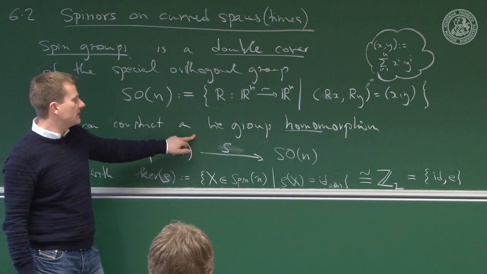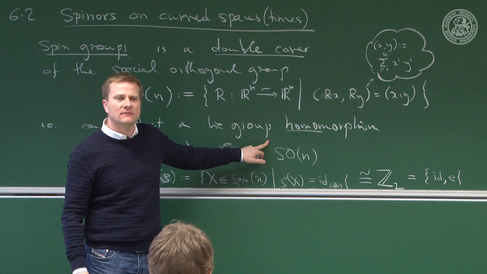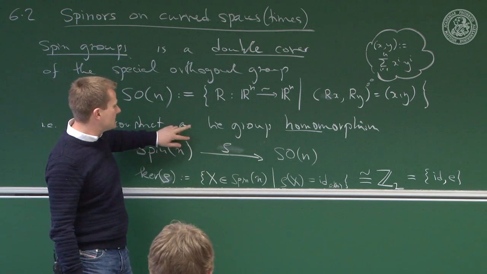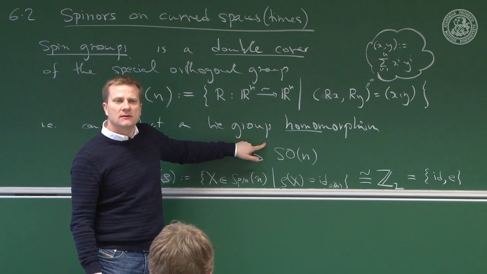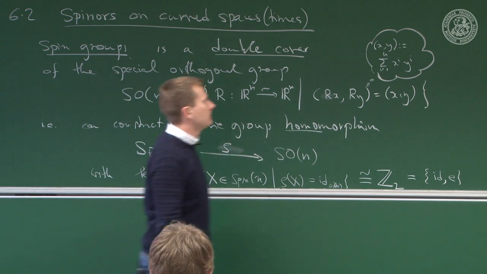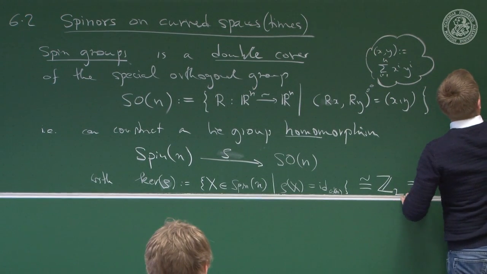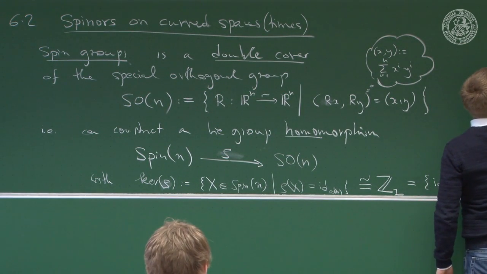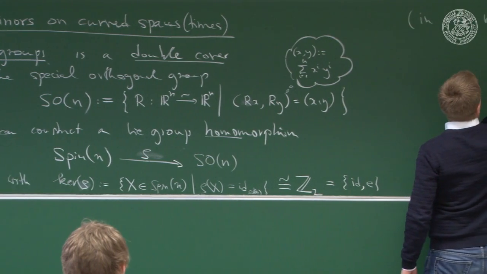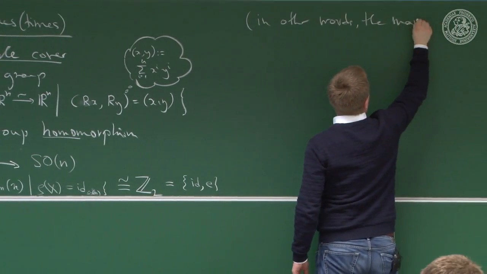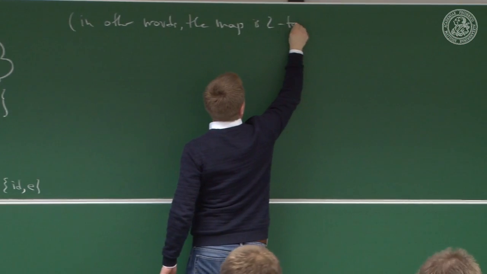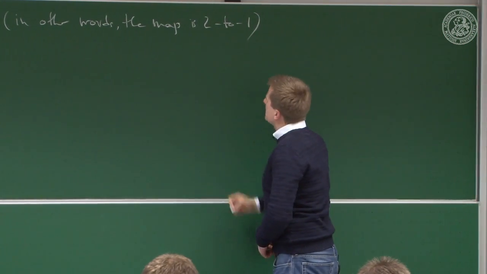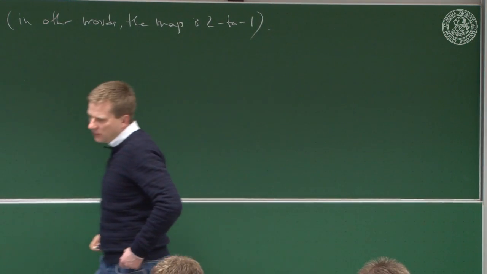So there are two here that map to the same over here. And not only two, there are always pairs that map to the same. It's a map that's 2 to 1. Okay? So that's the spin group.